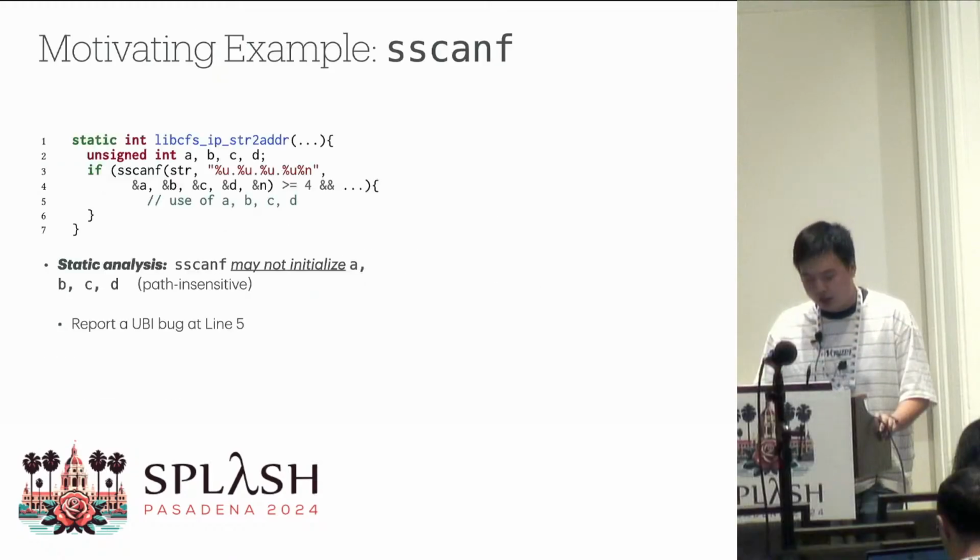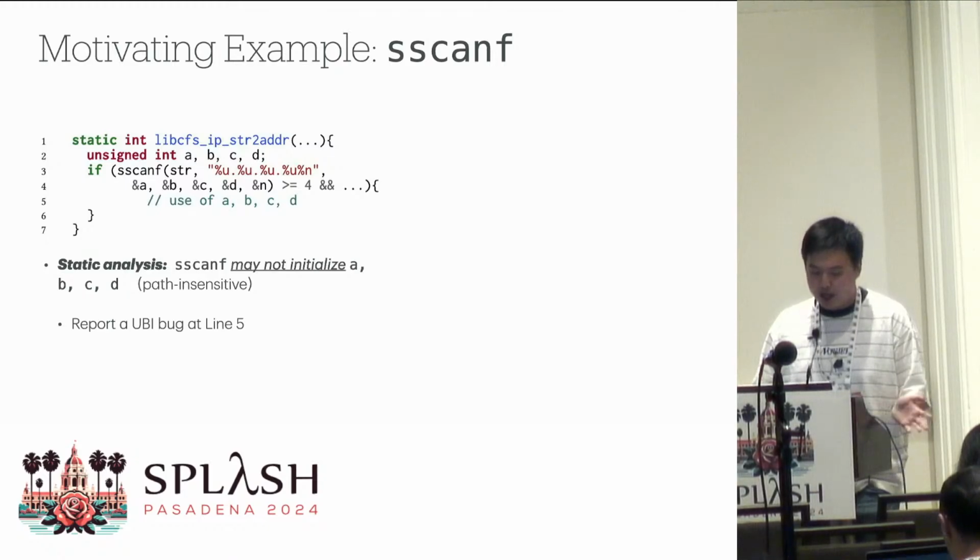Let me give you a concrete example of the undecided cases. Here is scanf. You can see that at line 2 of the code, a, b, c, d are declared, and in lines 3 and 4, it is pretty simple and straightforward for a human to understand.